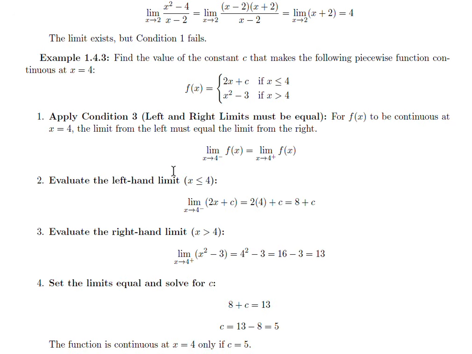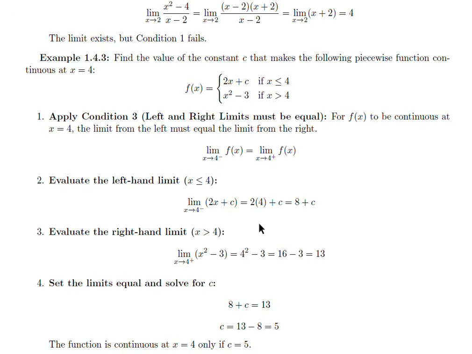So evaluate all that on this function. Because the pieces in the function are polynomials, we already know to satisfy f of a, if we plug in 4, it will be defined for both pieces.